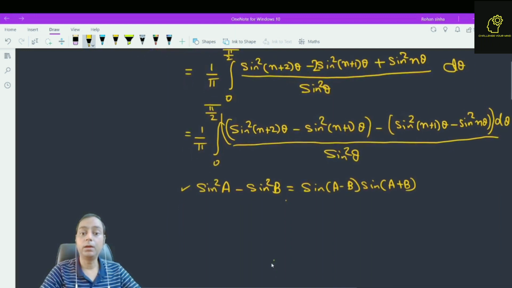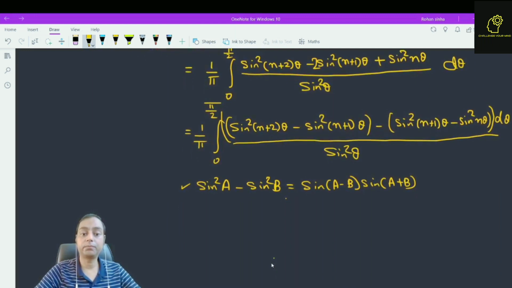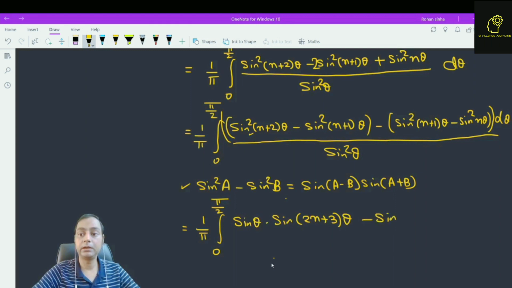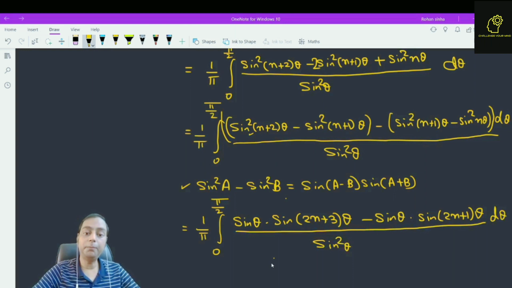Simply putting the values, we get sin theta into sin 2n plus 3 theta minus sin theta into sin 2n plus 1 theta, whole divided by sin square theta, applying this formula in both brackets.